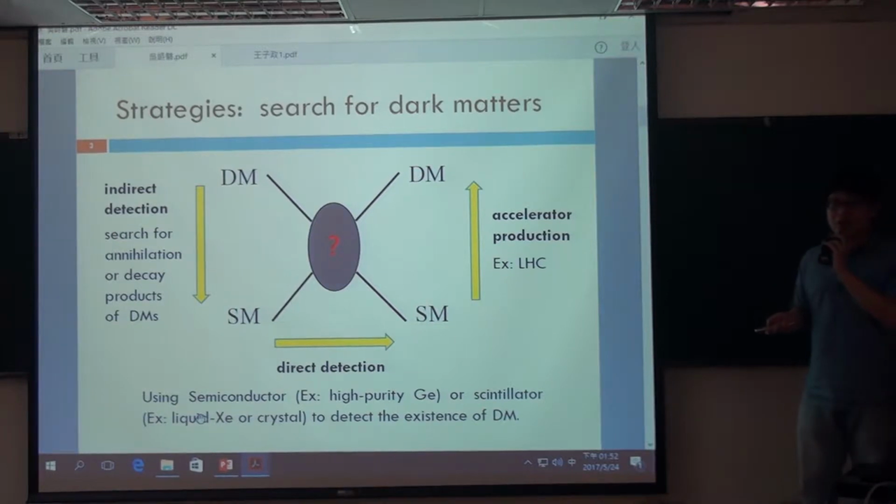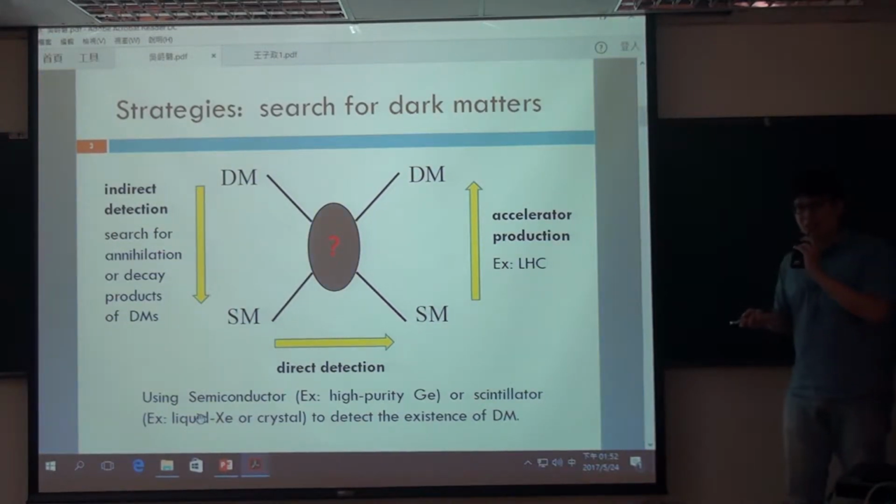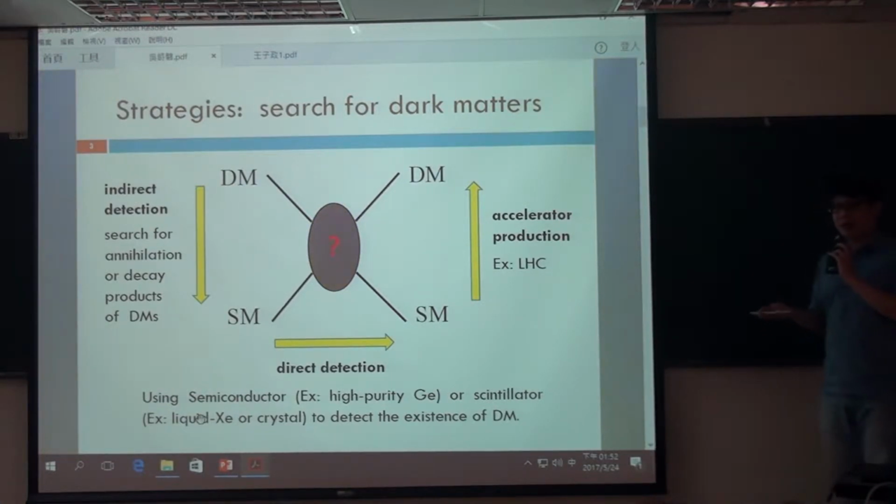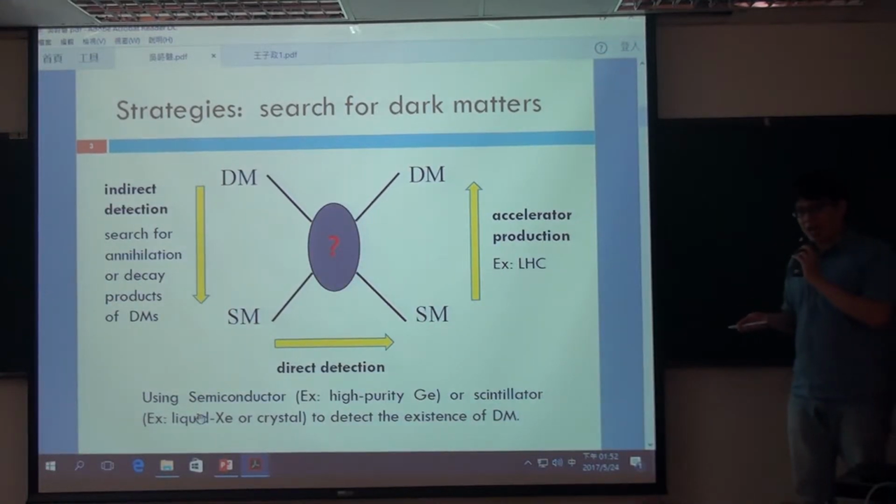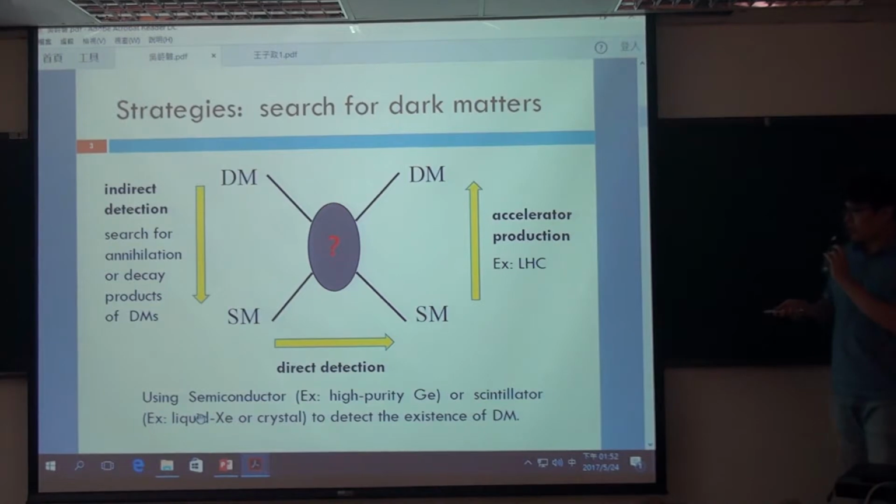For example, AMS-02 looks in the universe for high energy electrons and positrons, and found their ratio has some abnormal behavior in a certain energy range. So this may come from dark matter annihilation.